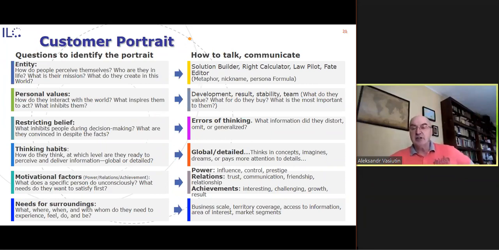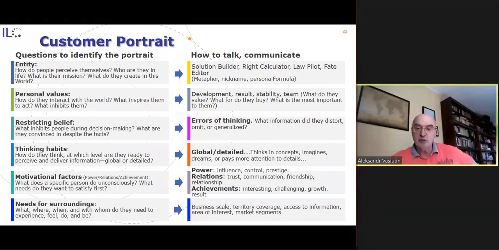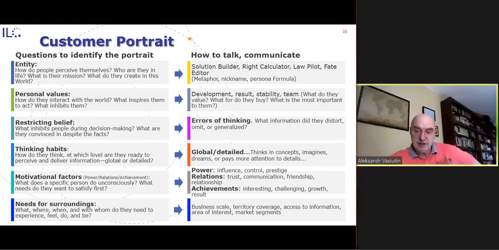The next level is restricting beliefs. For instance, no, never. You shouldn't do it this way. We will never use the legal policy because we have our own methods and we are used to them. So look, this is their belief which restricts their decision making. It may happen. Why? Because the strongest habit of a person is to follow his habit.